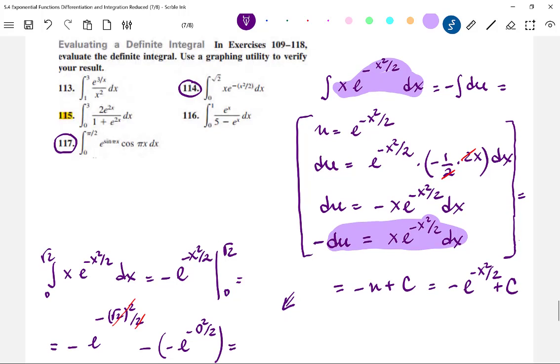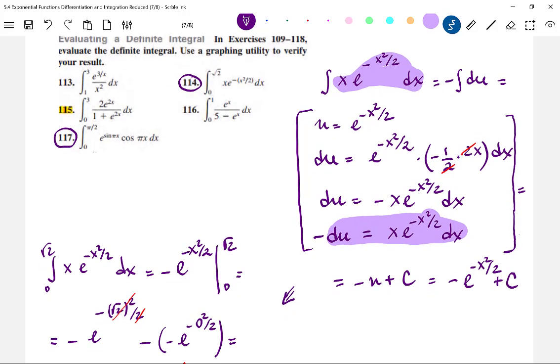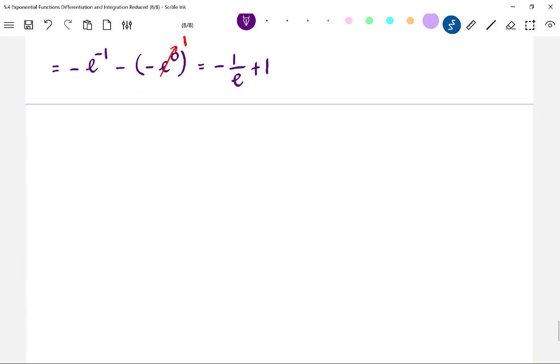Let's do a different approach for question 117. That's the integral between 0 and pi over 2 of e to the sine pi x of cosine pi x dx.